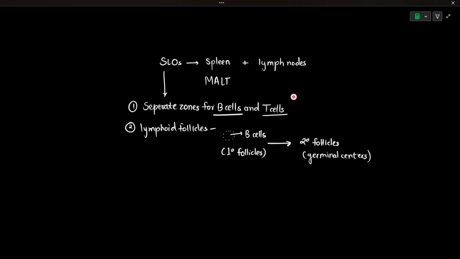Then there will be some antigens which are going to enter through those cavities, such as, let's say, the respiratory tract, or the gastrointestinal tract. So there they are going to face the MALT, the mucosal associated lymphoid tissue, such as tonsils, such as Peyer's patches in the gut.